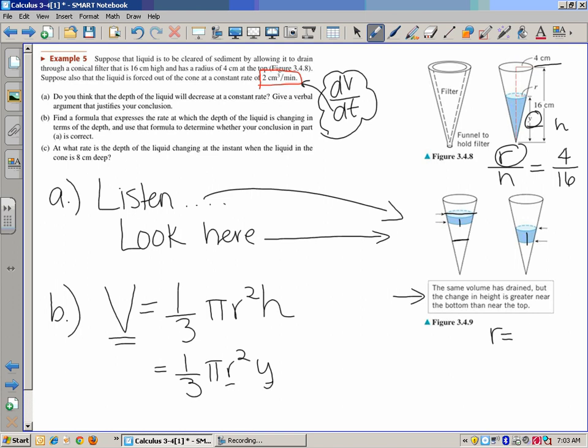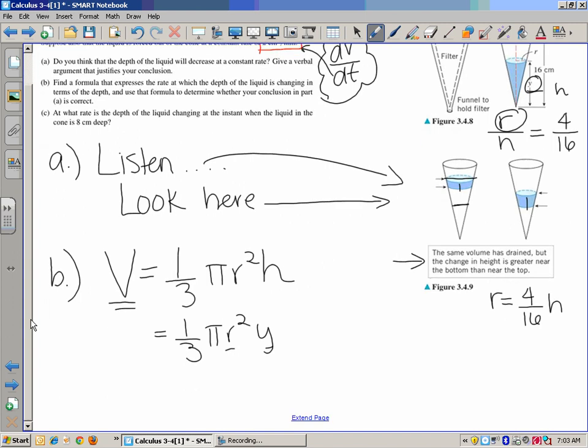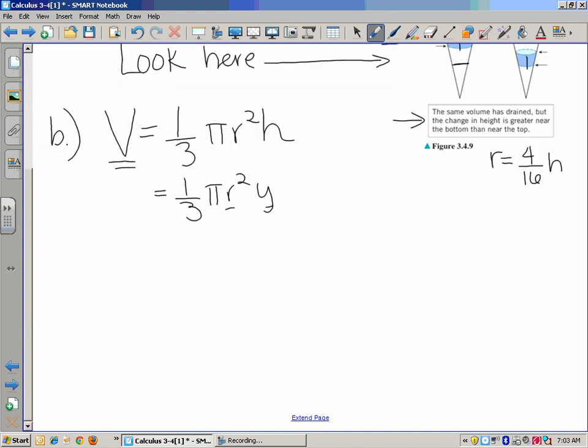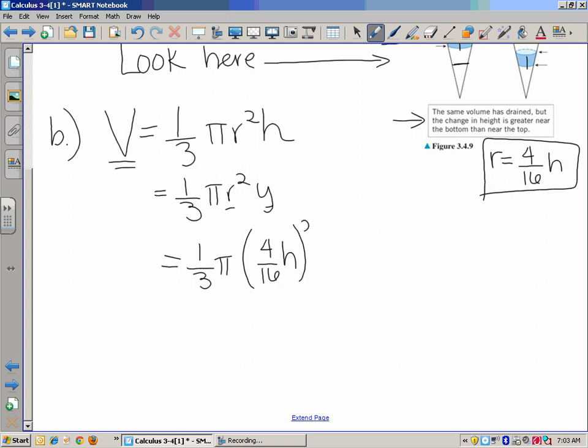So r is equal to 4/16 h. That's true anywhere in the cone. So I'm going to come over to this equation and plug in (4/16 h) squared times h.